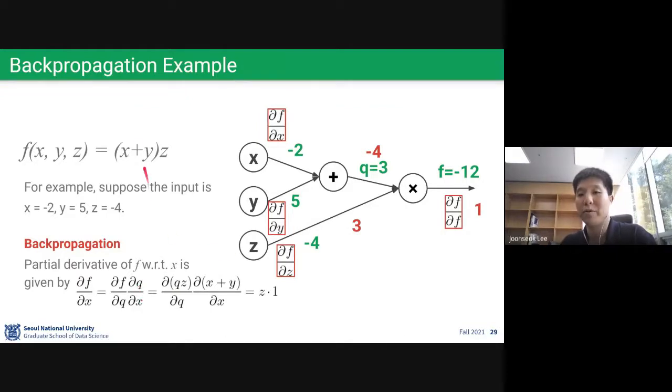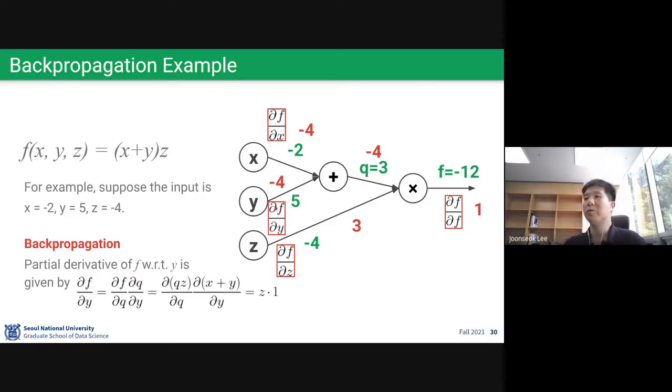Q was x plus y. So x plus y, partial derivative with x, that is, no, sorry, this is just 1, a constant 1. So z times 1, which is minus 4. And in a similar way, we have minus 4 for this y.